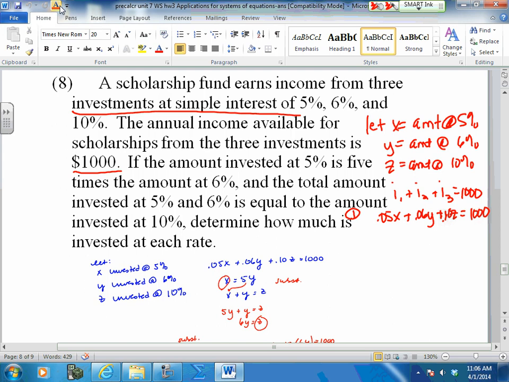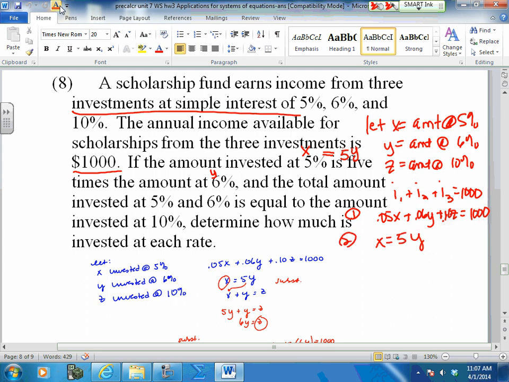If the amount at 5, what variable did I use for 5? X is 5 times 6. What's 6? Y. So how do I say 5 times Y? 5Y. There's another equation. Okay.